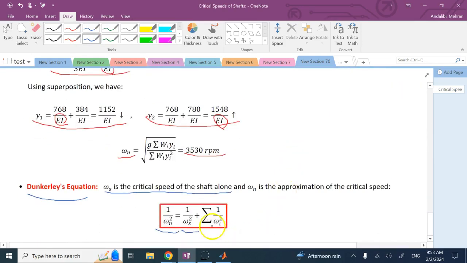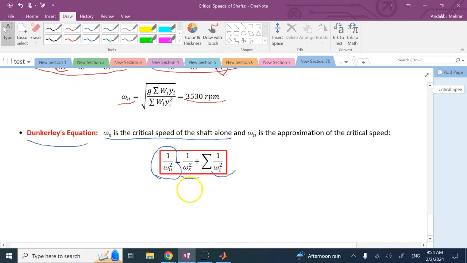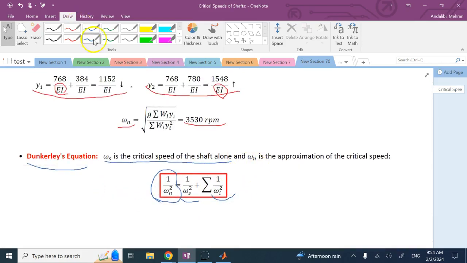So if you want to combine them and come up with the resultant critical speed of the shaft, you can combine all of those omega i's and this omega s, the inverse of their squared, and that gives you the inverse of omega n squared, and this is an approximation. It's not perfect, but it's a good approximation for critical speed of the shaft. So it's called Dunkerley's equation.